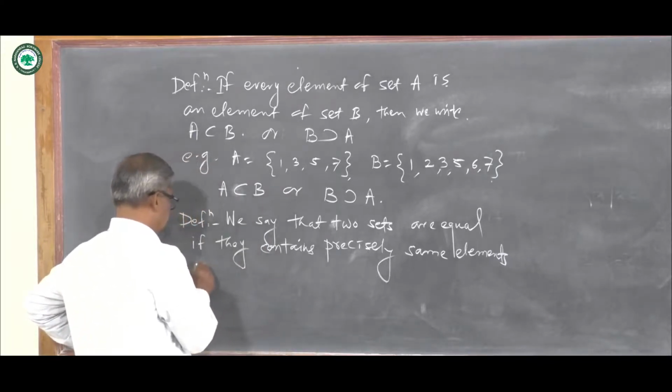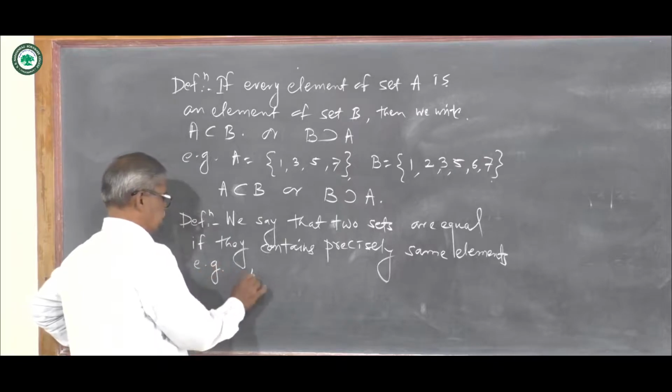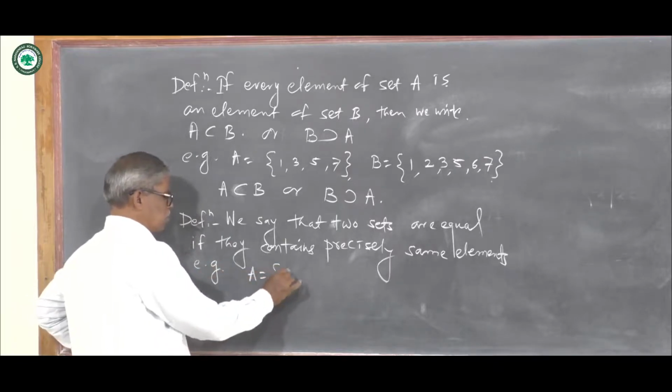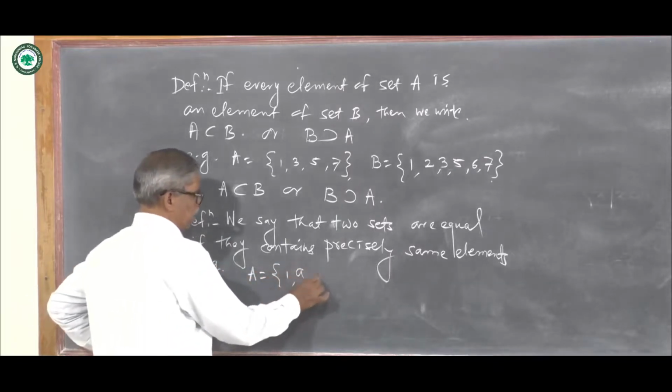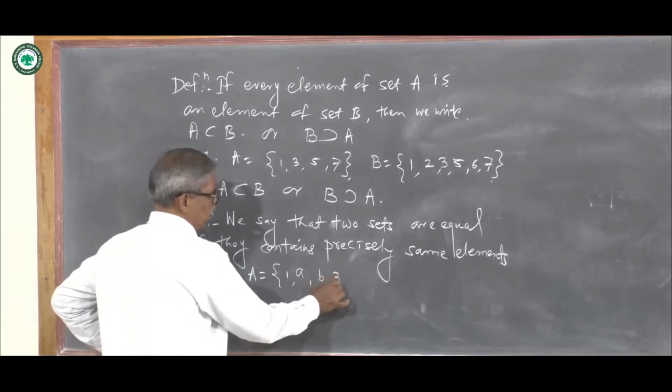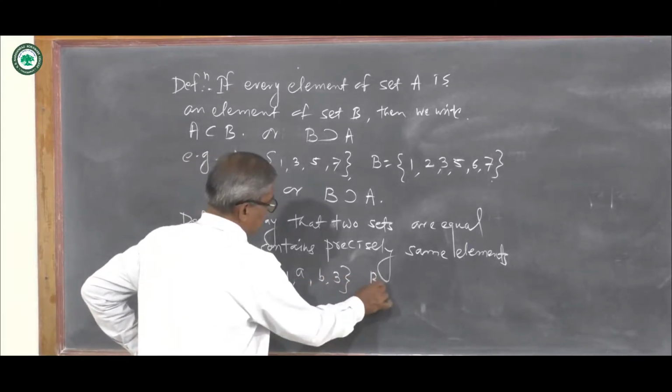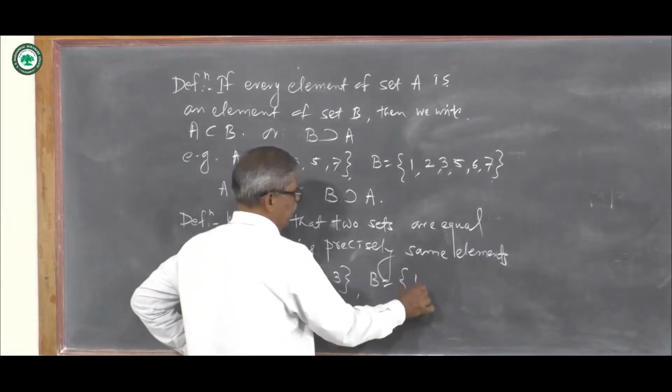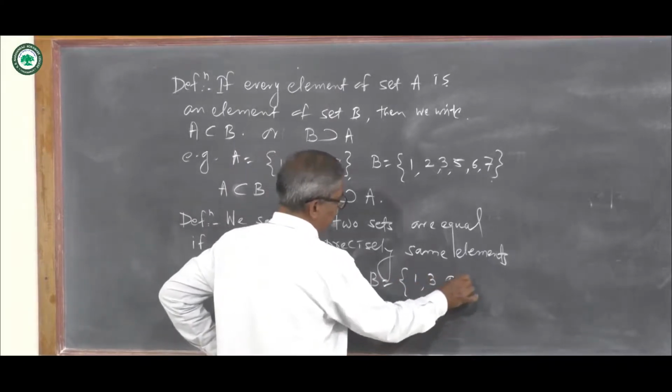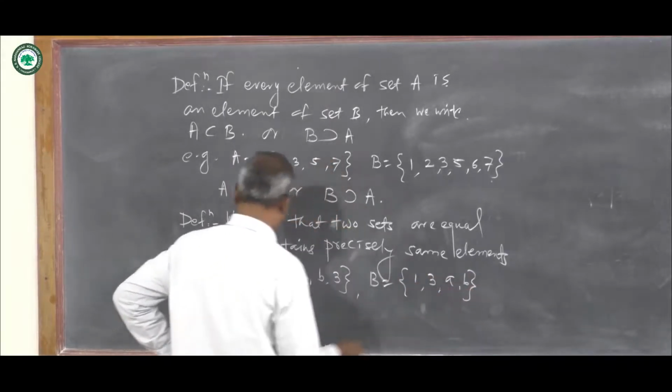For example, A is equal to {1, a, 3, b}, B is equal to {1, 3, a, b}.